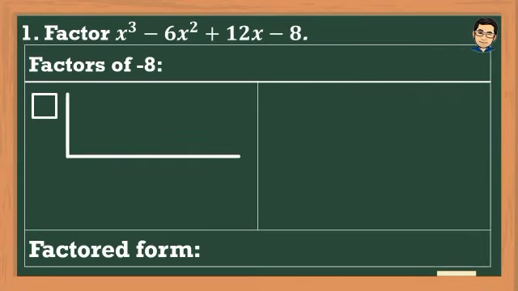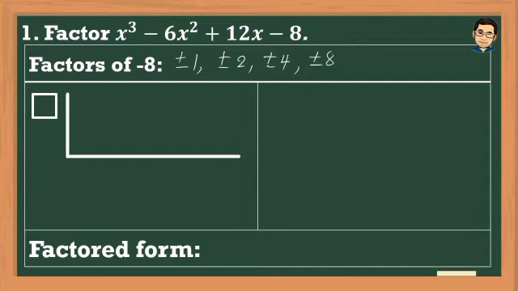So, let's have number 1, factor x cubed minus 6x squared plus 12x minus 8. So, ang gagawin lang po natin sa polynomial na ito, kukunin natin yung factors ng constant term. So, ganun lang po ang process dito. And then, ililista natin yon. So, let's have positive negative 1, positive negative 2, positive negative 4, and then positive negative 8.